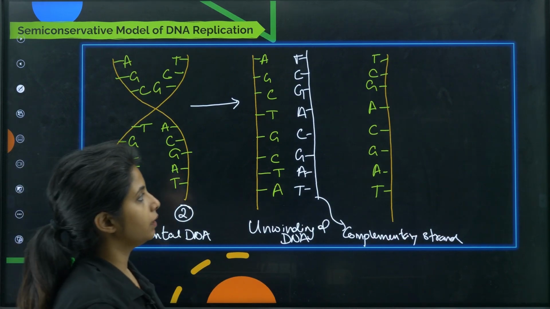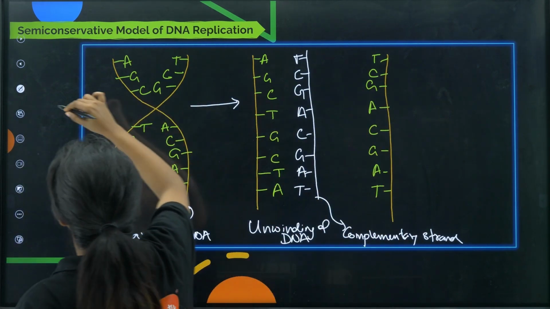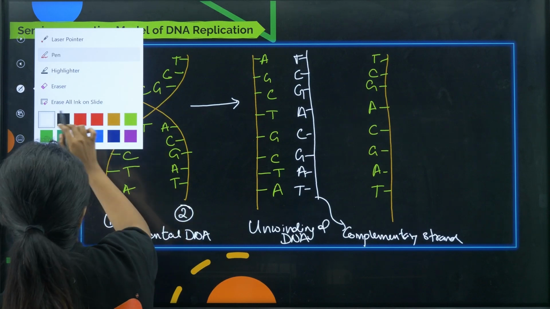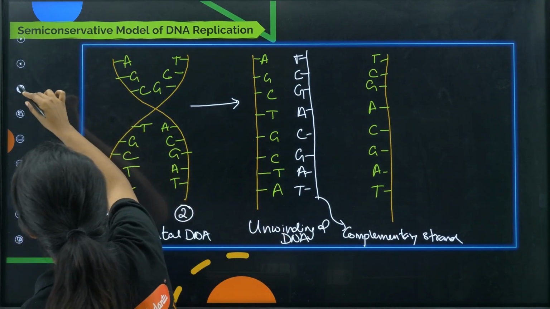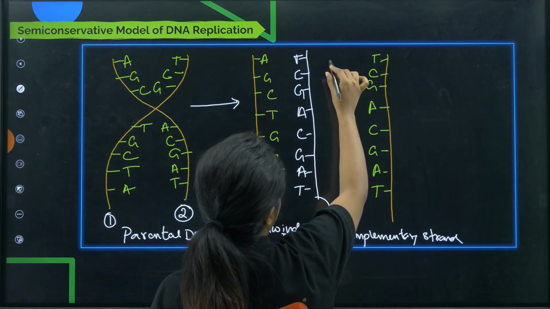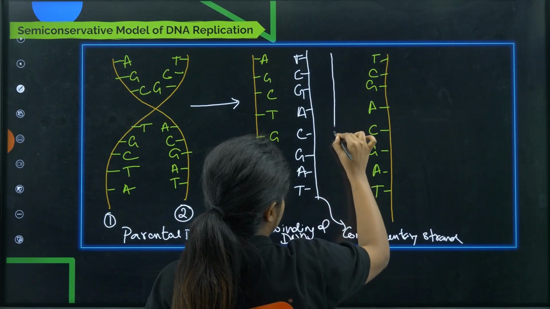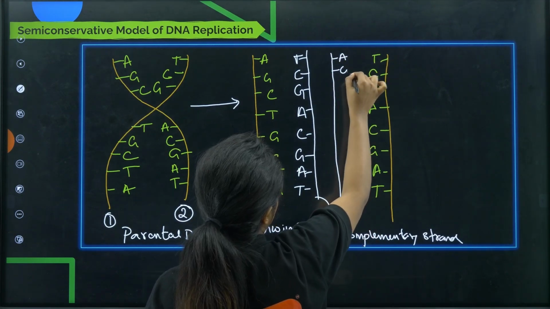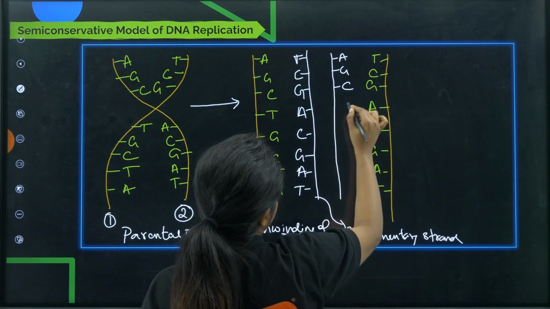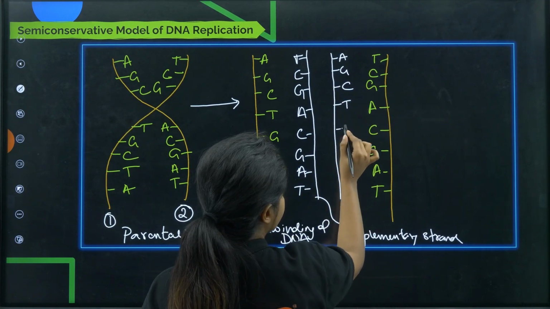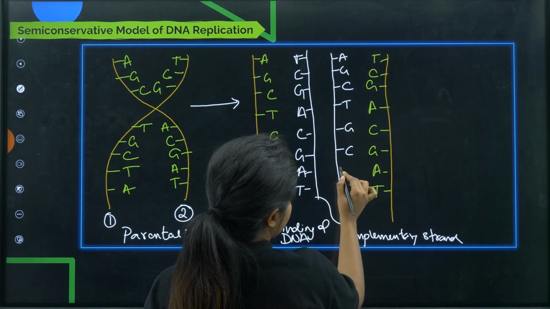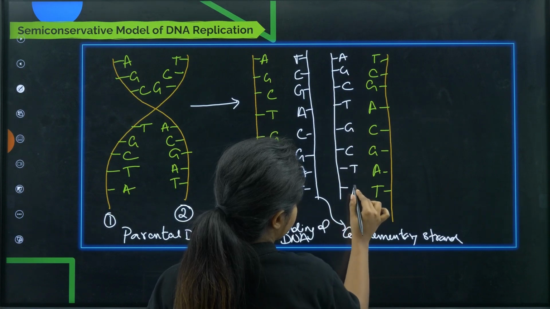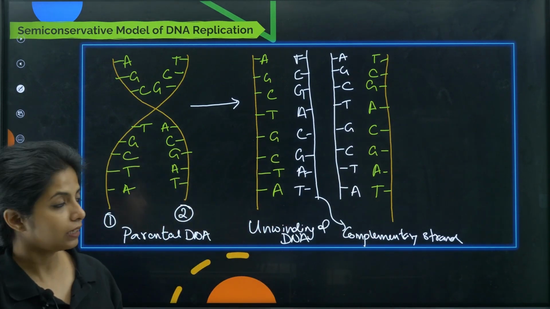Similarly, over here also I will have a strand. A, G, C, T, G, C, T, and A. Did you get it?